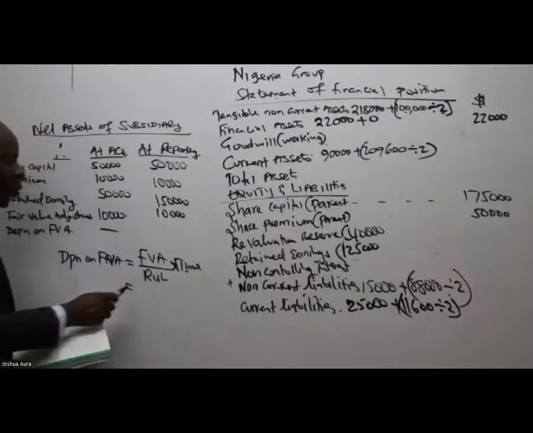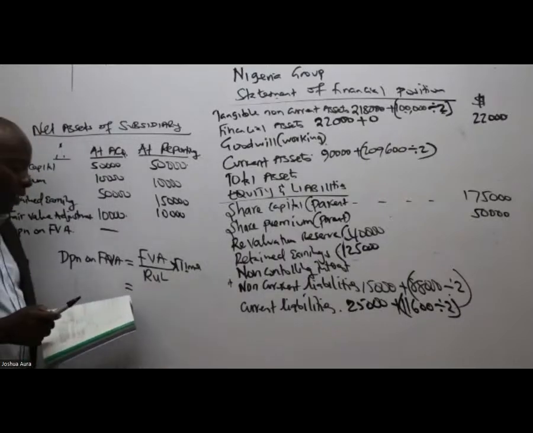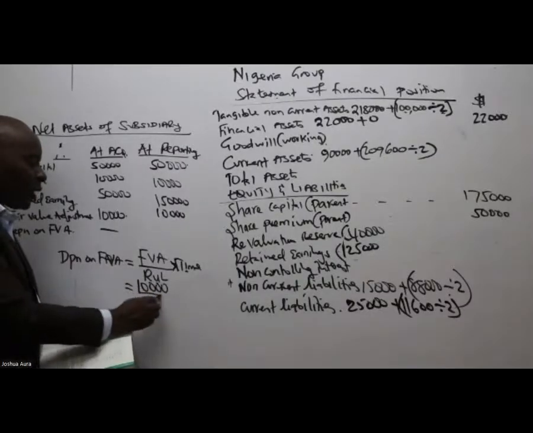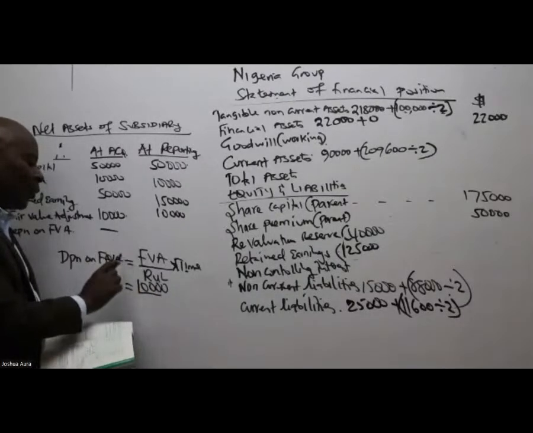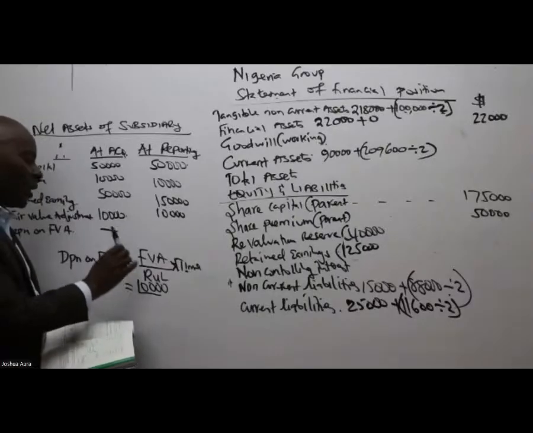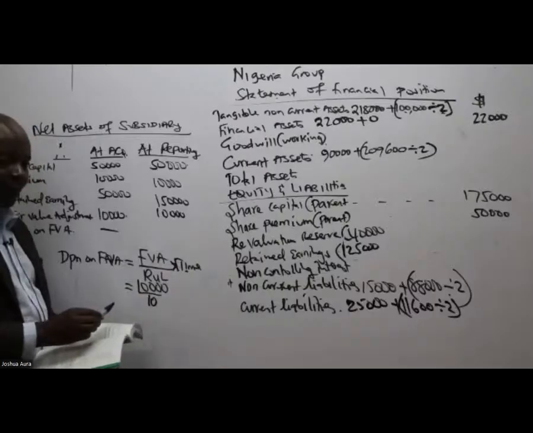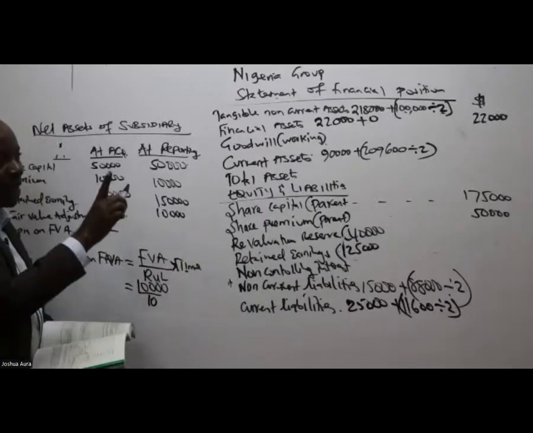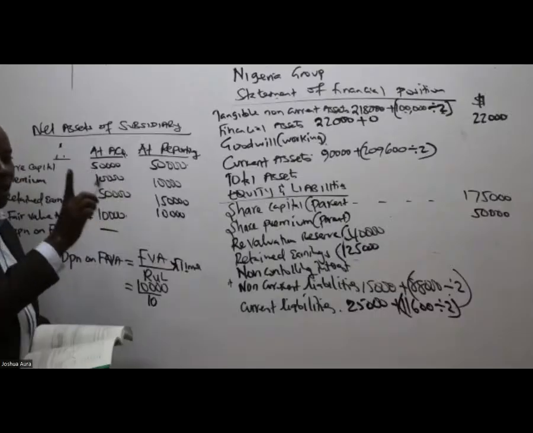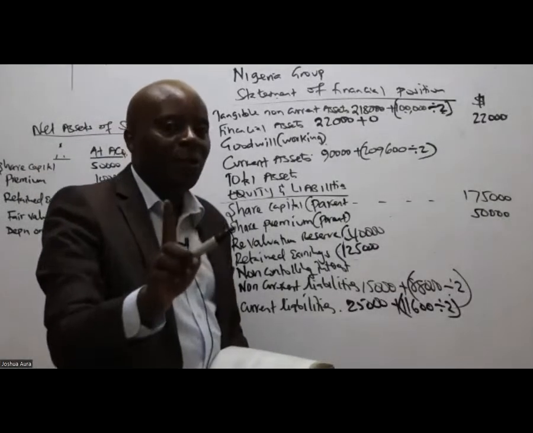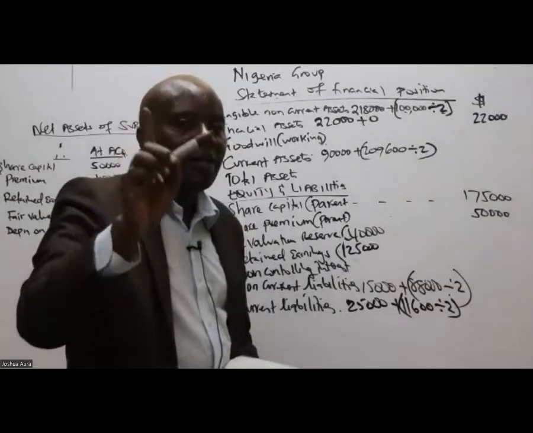So the fair value adjustment in this case is the 10,000, and they are telling us that the asset had a remaining useful life of 10 years. If you remember when we began the question, we said that since buying the subsidiary, by the end of the reporting period, 1 year had lapsed.